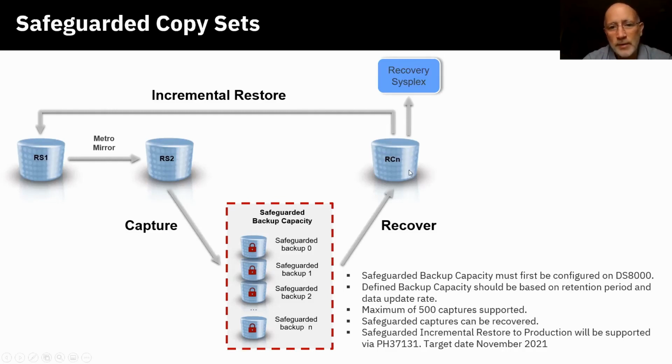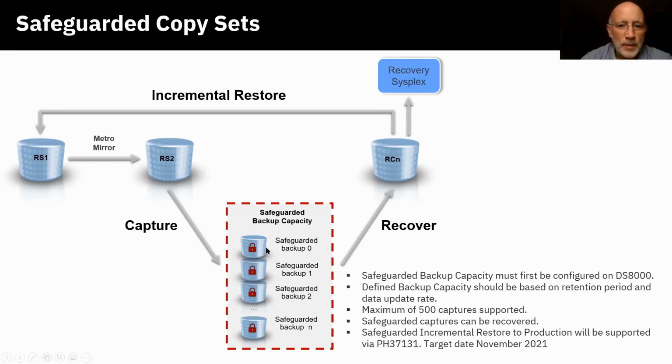Following the recovery, the user can bring their systems up on that recovery copy set just to validate that the capture they're going to ultimately restore back to production is in fact the correct data point, and that it has all the data necessary to regress any updates that are deemed part of the corruption that you want to regress. So, as I say, at the end of this month, incremental restore back to production for safeguarded copy sets.